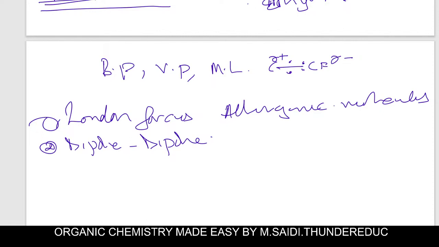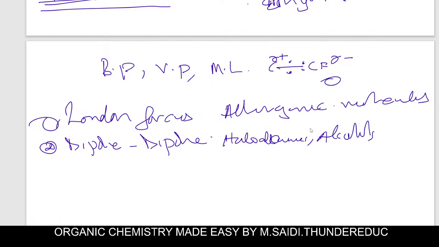I'll designate it to a specific lesson, but I'm just giving you highlights. So, listen carefully. What has dipole? Haloalkanes, alcohols, because why do we have alcohols? Because of the oxygen.